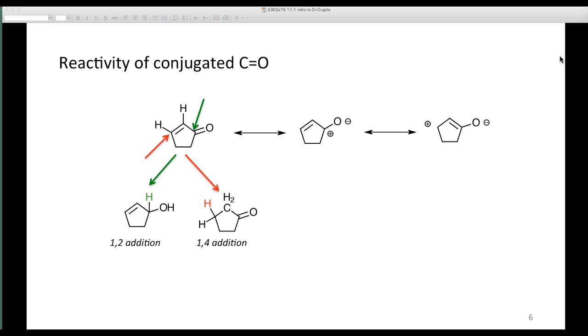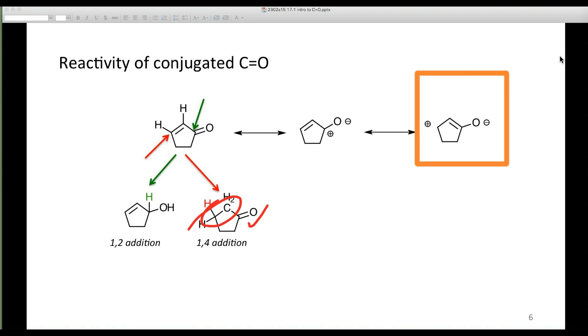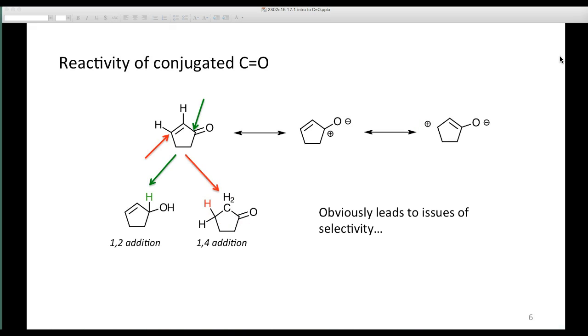If it attacks 1,4, well, because I end up with an enolate intermediate, that will give me loss of the double bond and regeneration of the carbonyl. And we'll look at that mechanism in great gory detail later. But that's the conjugation twist. Clearly, it's a little problematic because it means we're going to have to think about, what am I going to get, 1,2 addition or 1,4 addition?